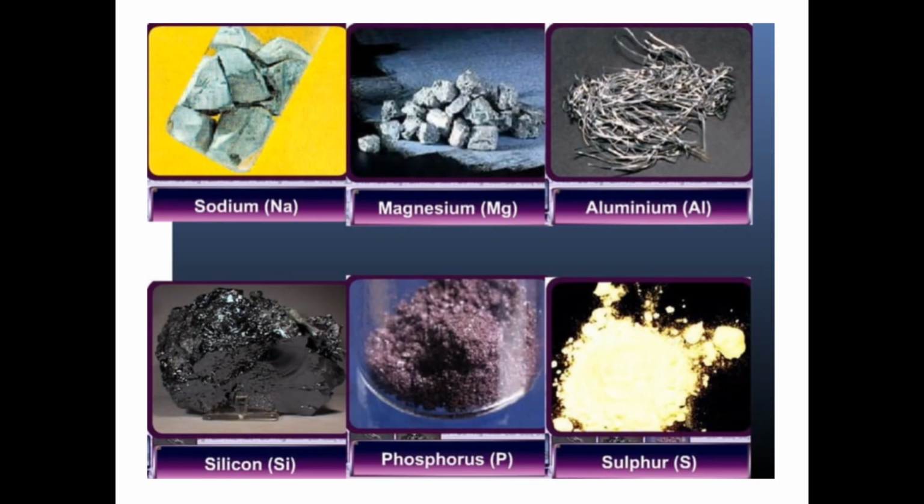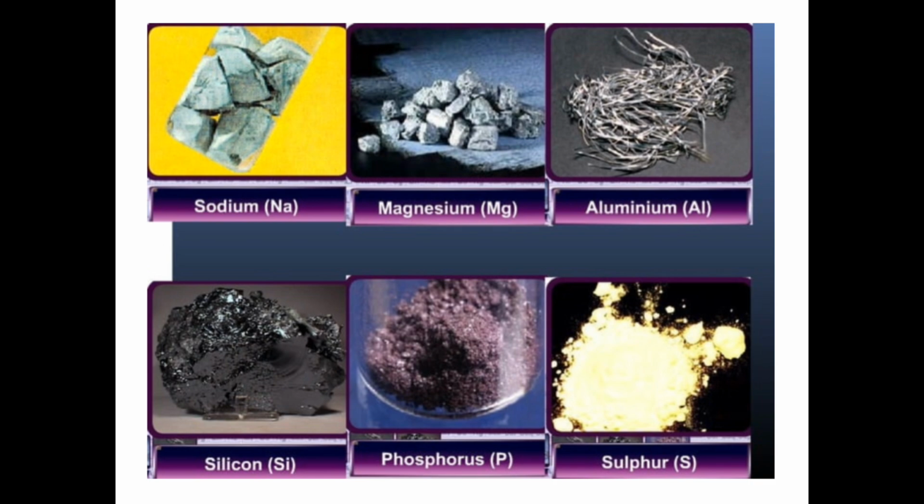Let's quickly look at how they look. You will see their different looks for elements in period 3. Sulfur is a yellow solid. Sodium is metallic gray. The same thing with magnesium.